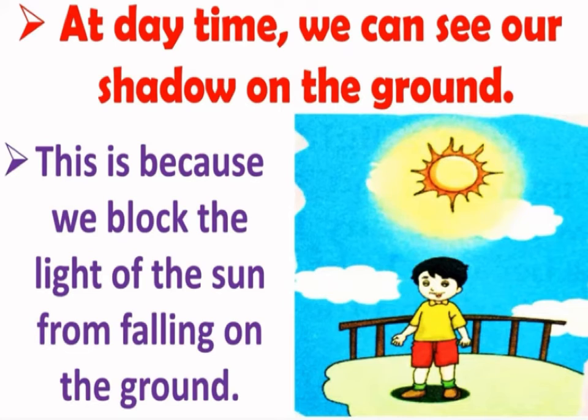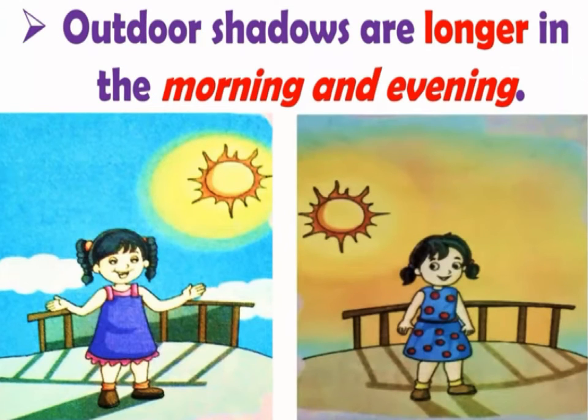At daytime, we can see our shadow on the ground. This is because we block the light of the sun from falling on the ground. Outdoor shadows are longer in the morning and evening.